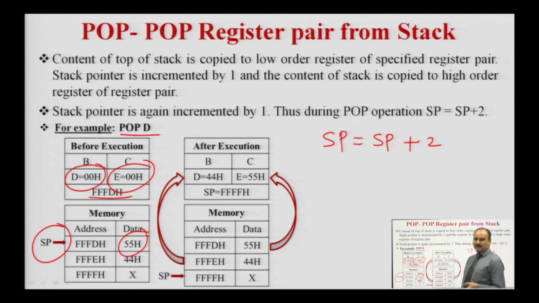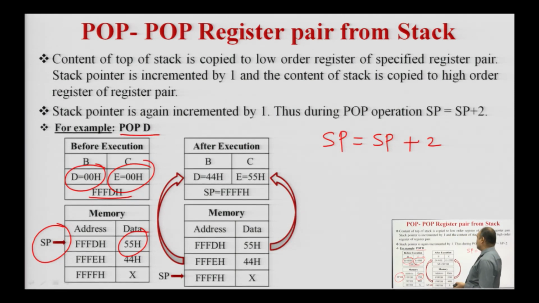then it will increment the content of the stack pointer by 1. So, it will point to the next memory location, and the content becomes FFFEH, and then the microprocessor will pop the content of that memory location into the D register. So, before the execution of this instruction, the stack pointer points to the memory location with address FFFDH.